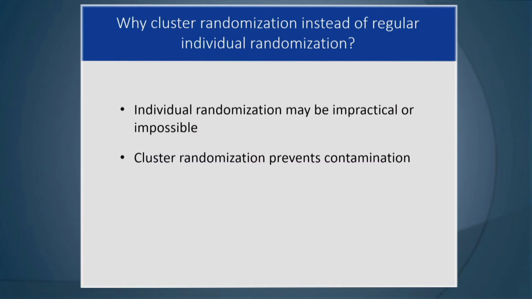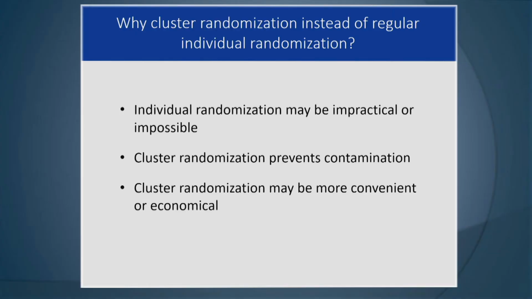Cluster randomization prevents contamination. So think of a physician, for example. All the patients that see that physician can be a cluster. But let's say you don't use them as a cluster, you randomize them individually.